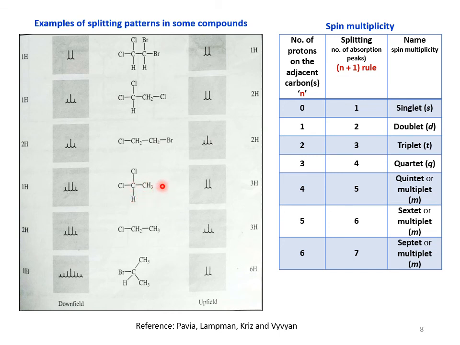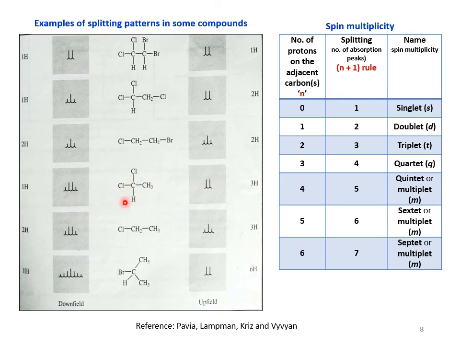Coming to the next example, 1,1-dichloroethane. So here you can see the signal for the methyl protons splits into two because it is present adjacent to the methine carbon which has one hydrogen, therefore 1 plus 1 is 2.